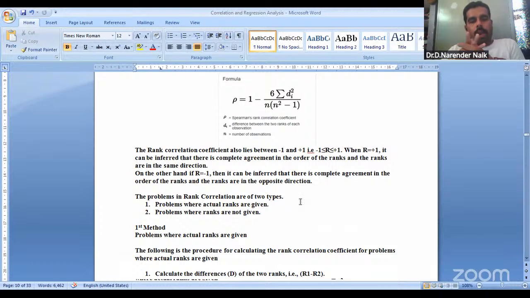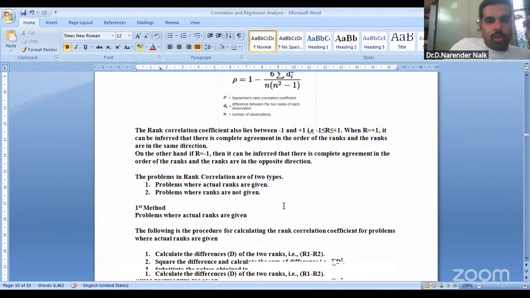On the other hand, if r is equal to -1, there is a complete agreement in the order of the ranks, but the ranks are in the opposite direction. The problems in rank correlation are of two types: problems when actual ranks are given, and problems when ranks are not given.